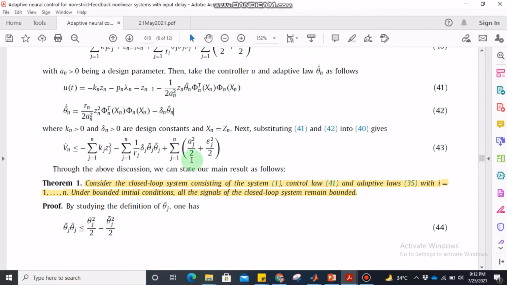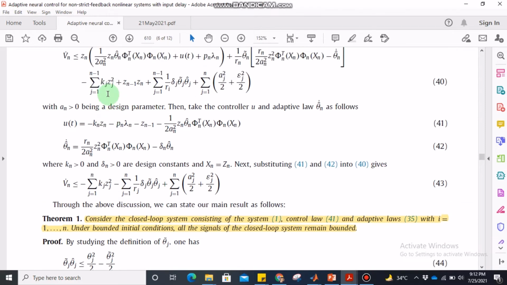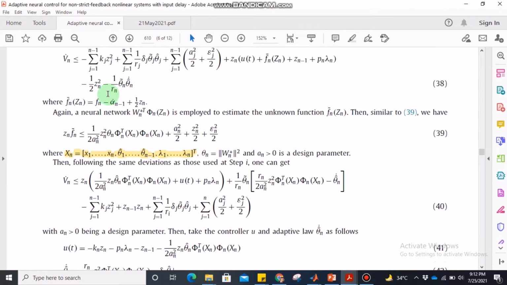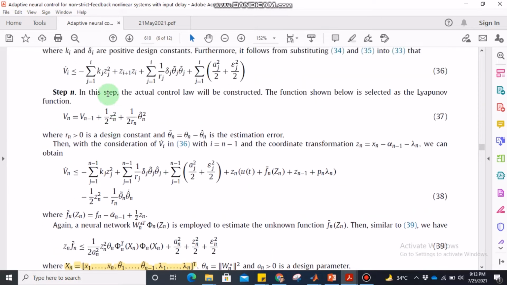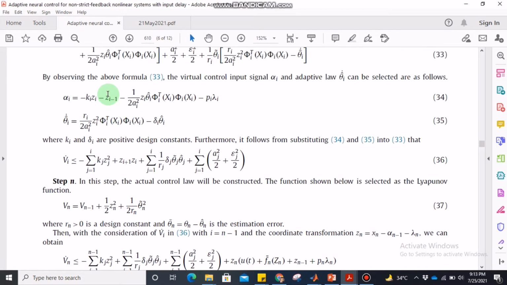Now if you look at the other parameters, like for example kn, zn, then you have to go upward and see where zn is defined, where kn is defined, where the alpha i's are defined. Alpha i is equal to minus ki and so on.